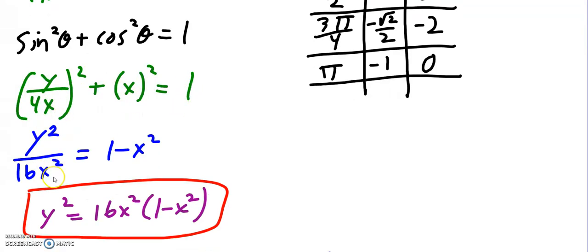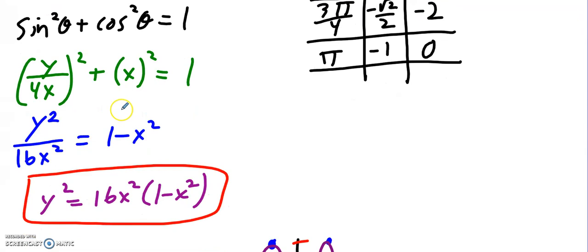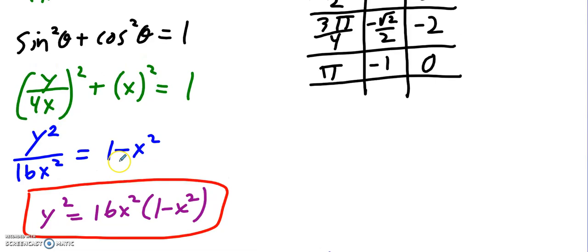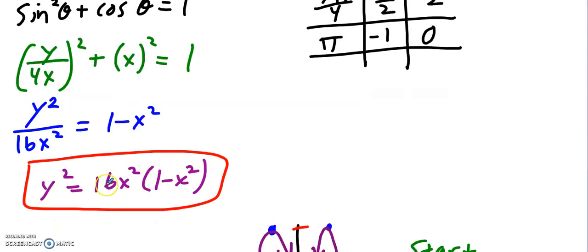I can simplify this a little bit if I want. It's not terribly useful, but I got y squared equals 16x squared times the quantity 1 minus x squared. You could distribute this. There's no really proper way necessarily to write this. If you can solve for y, you want to try to, but either way, we know it's not a function.